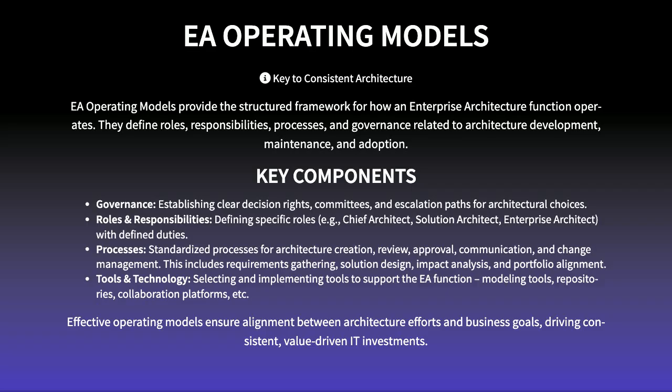We look at defining clear roles like chief architect or solution architect, standardizing processes for everything from gathering requirements to managing changes, and even selecting the right tools to help the team do its job effectively. Ultimately, a solid EA operating model helps you align your architecture with what's important for the business, driving investment that actually delivers value.